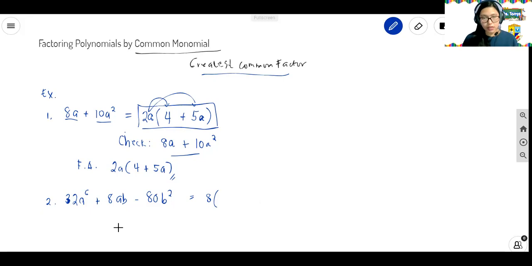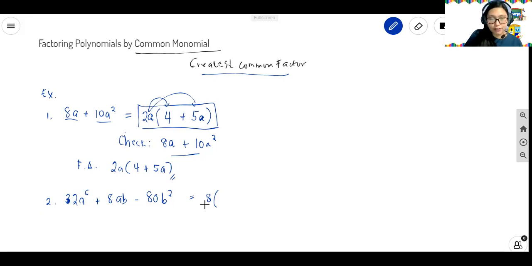You might also say, Miss Tanya, there is b in 8ab and 80b squared, that is a common factor. But if you look at 32a to the 6, there's no b variable. Therefore, it's not a common factor for all three of them. So in this example, only 8 is the greatest common factor.